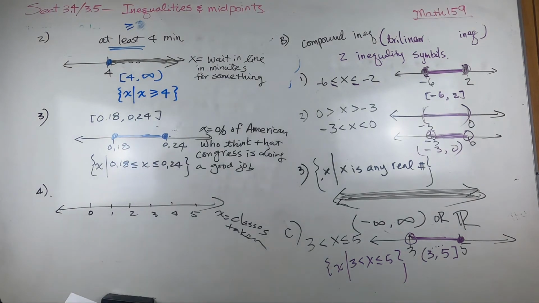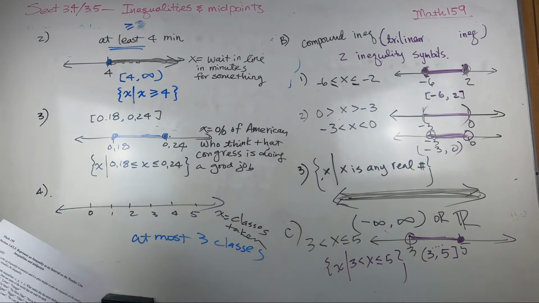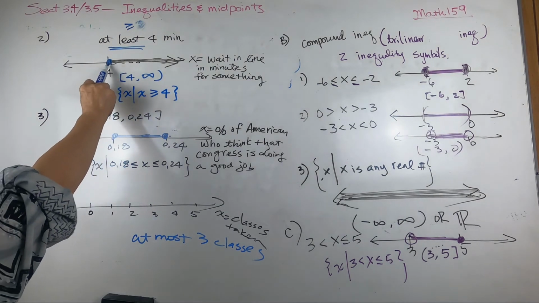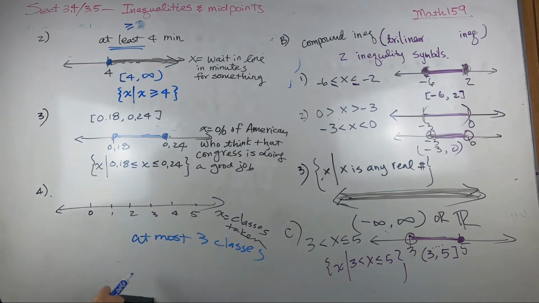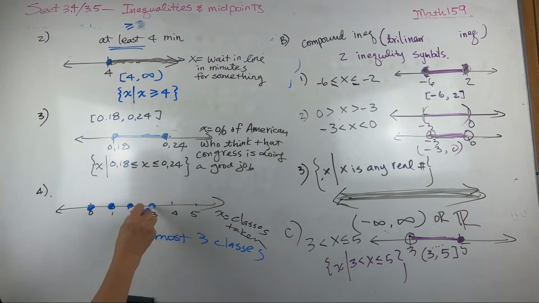It wants you to mark the student takes at most 3 classes. That means, what does at most mean? At least means from there on, right? At most means what? Up to. So it can be 0 classes, 1 class, 2 classes, or 3 classes.